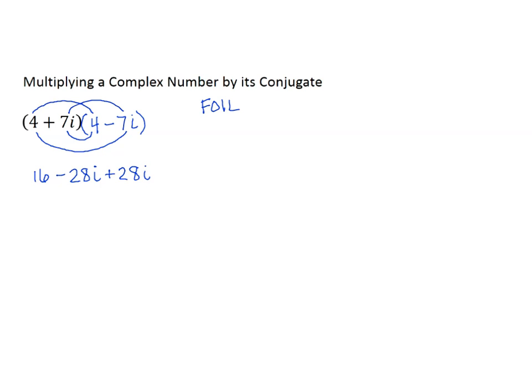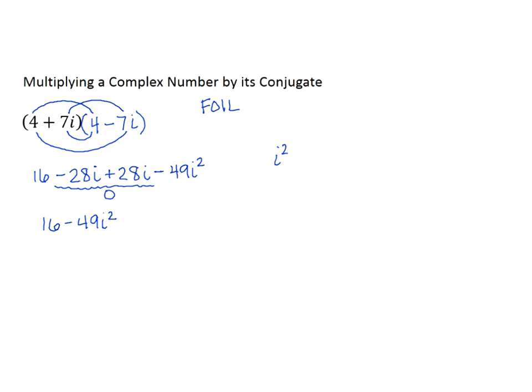And then we're going to do last, and that will give us a plus 7i times a negative 7i is negative 49i squared. Just like we did previously, we have like terms that we can combine. A negative 28i and a plus 28i will give us 0. So when we combine like terms, we'll have 16 minus 49i squared.